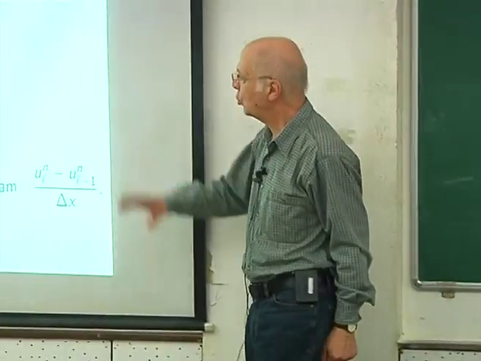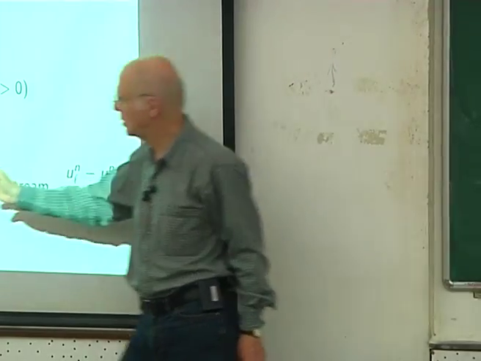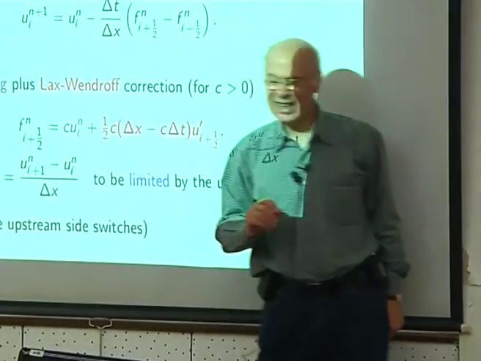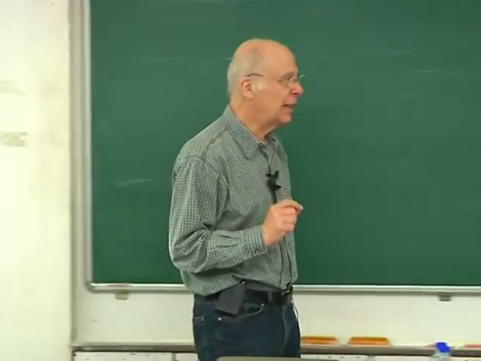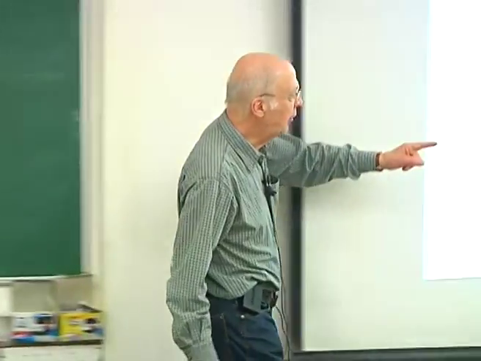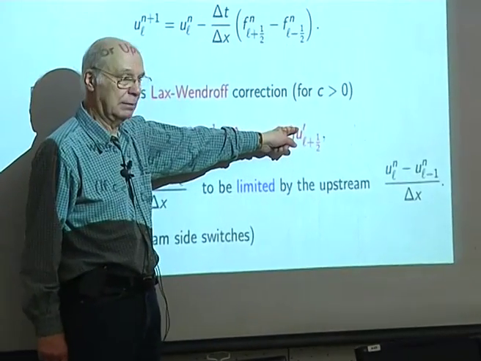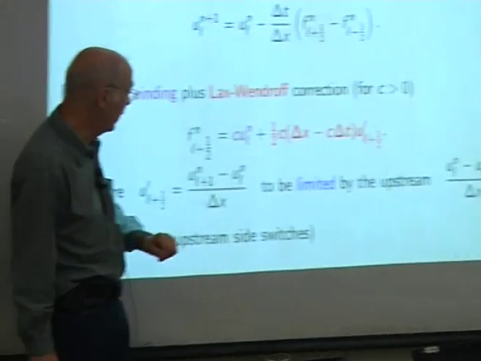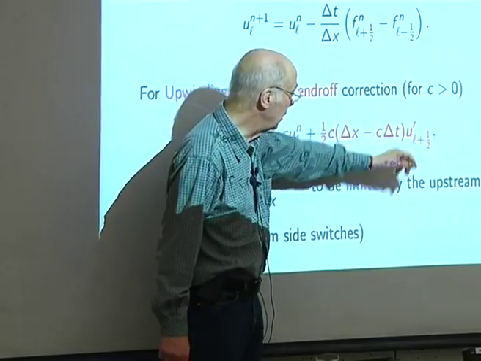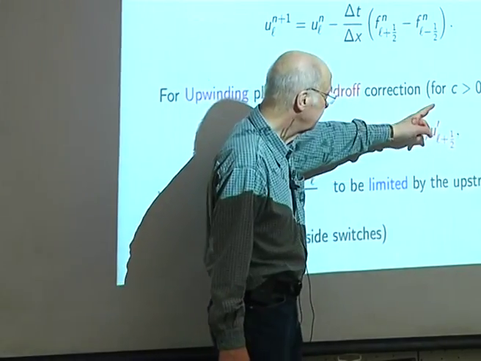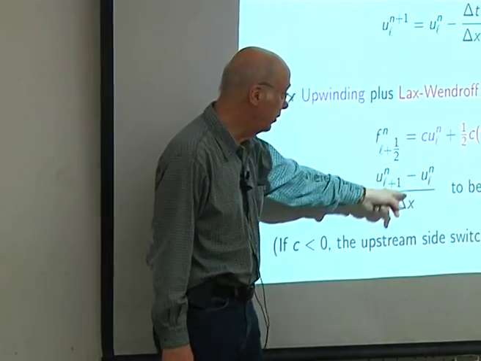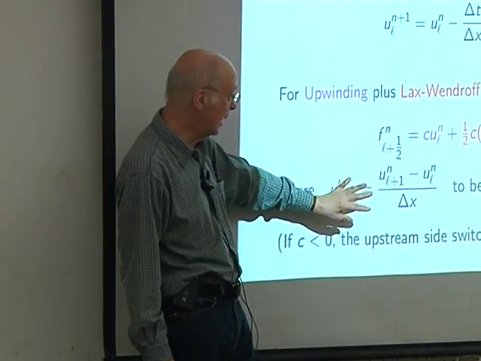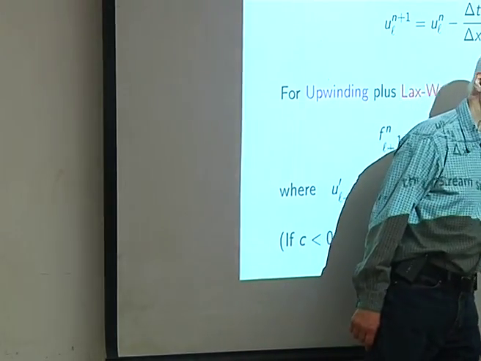And then to convert the flux to Lax-Wendroff you have to add this extra bit, but we don't quite add that extra bit. There's a very important u primed. So this is upwinding again, and that primed is the derivative, but we're going to limit that derivative by the derivative before.